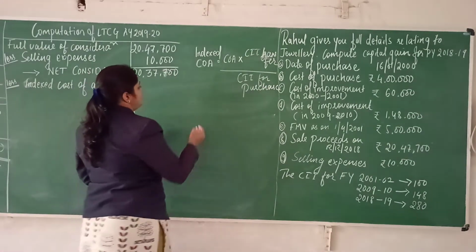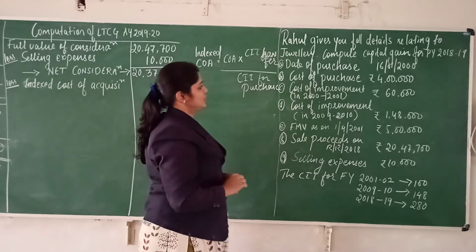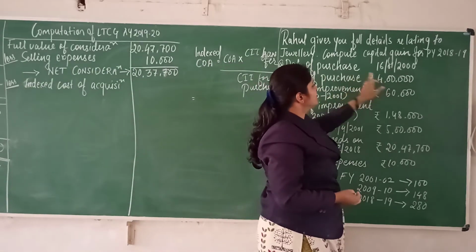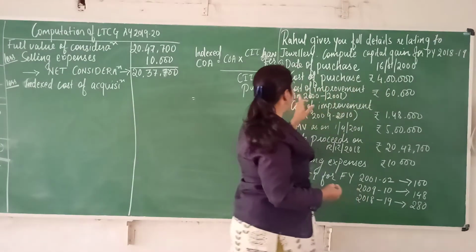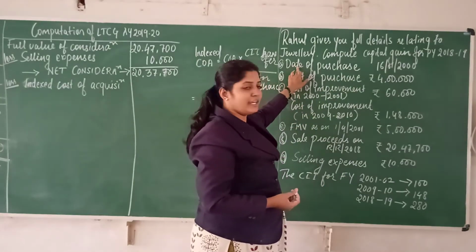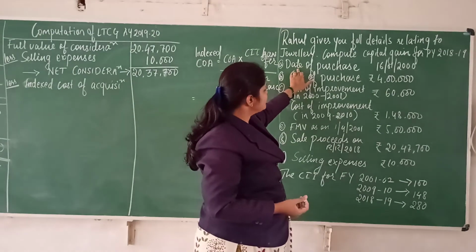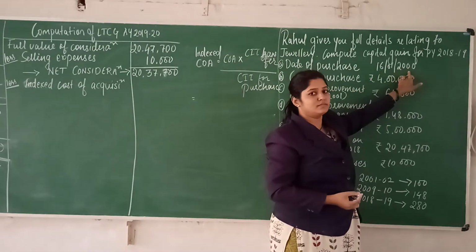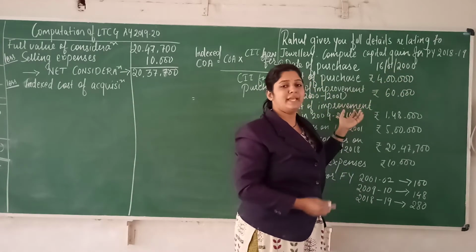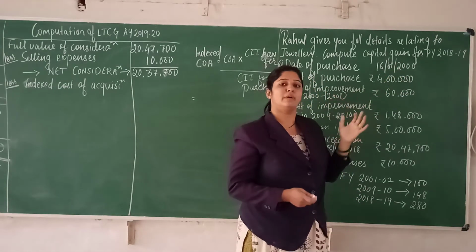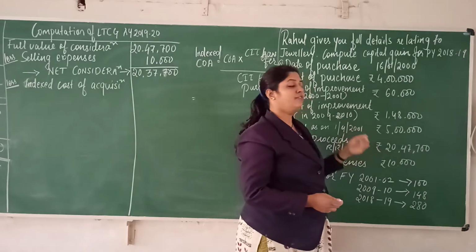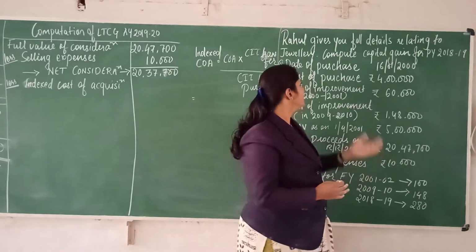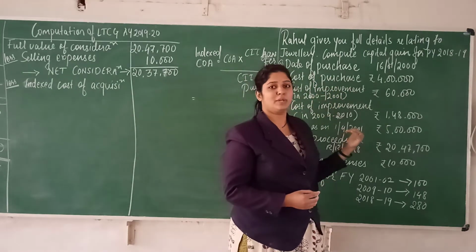Indexed cost of acquisition is based on cost of acquisition. Cost of acquisition given to us is 4 lakh. But when is the asset purchased? The asset is purchased on 6/1/2000, which is before the base year. Our base year is 2001-2002, that means 1/4/2001 to 31st March 2002. But the asset is purchased before the base year.